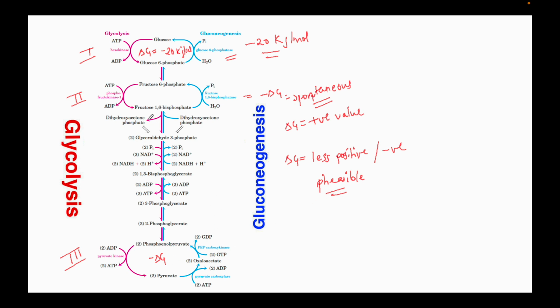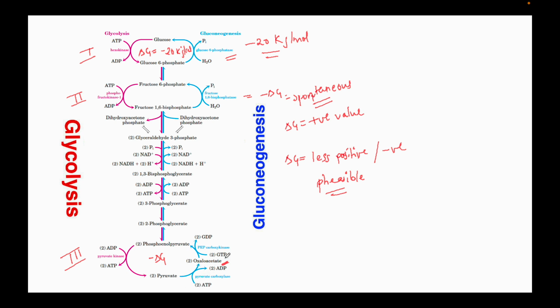As I mentioned, these three reactions are different, and as you can see, from pyruvate to phosphoenolpyruvate we have one extra intermediate, oxaloacetate. From pyruvate we cannot directly jump into phosphoenolpyruvate, which is the first step of gluconeogenesis.